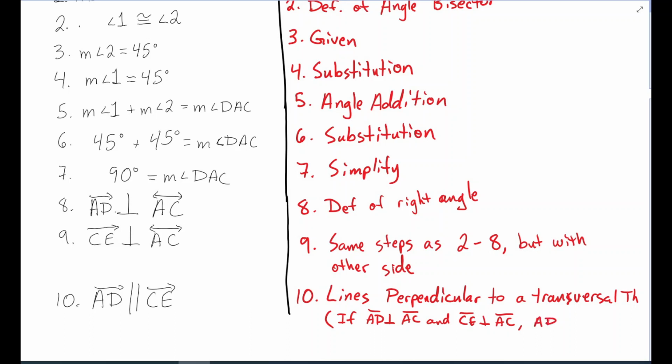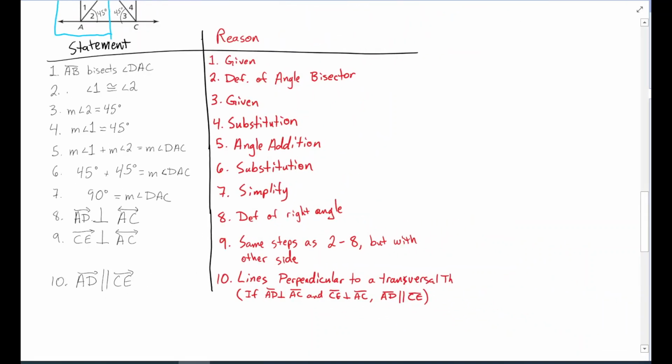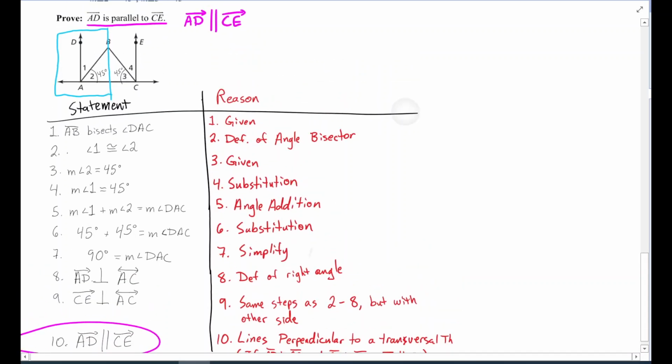That means that our lines that are perpendicular to that transversal also have to be parallel, which is exactly what we were hoping to show. There, our proof is complete.